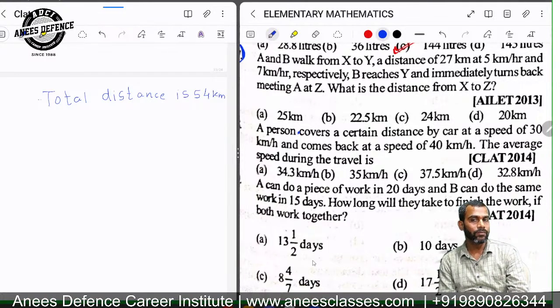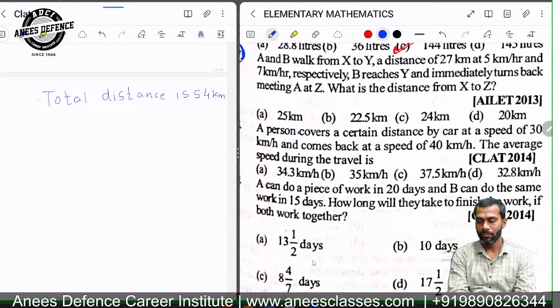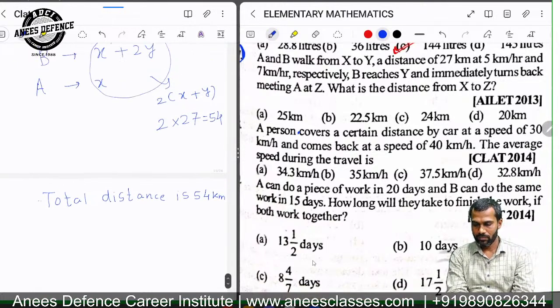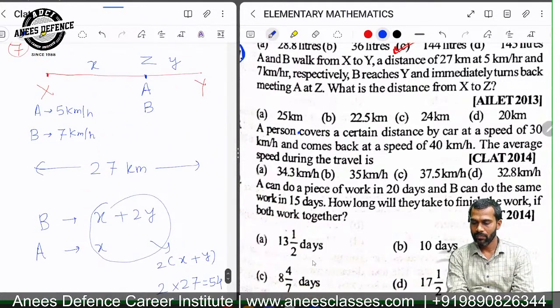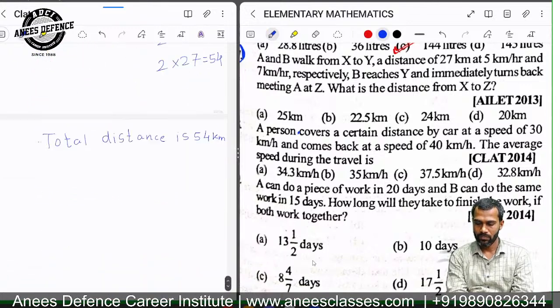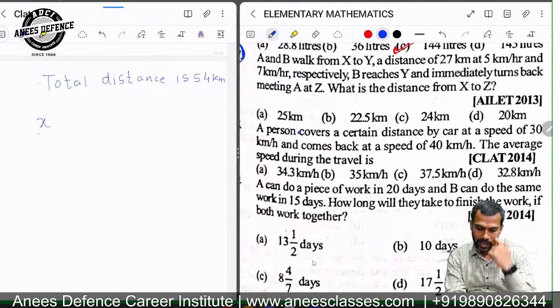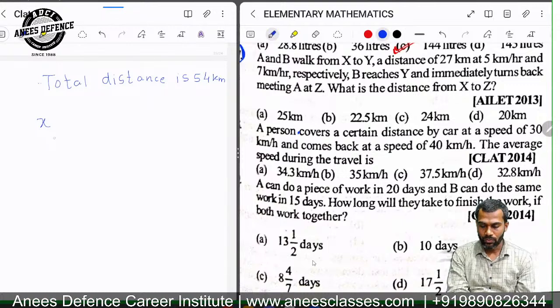Total distance is 54 kilometers. And the time taken by both of them is nothing but same. Yes or no? Yes.